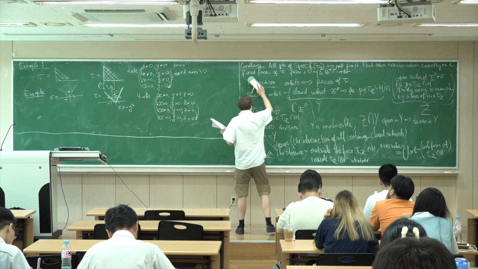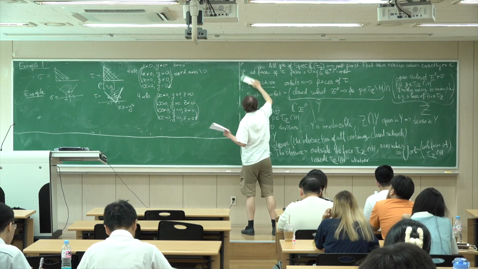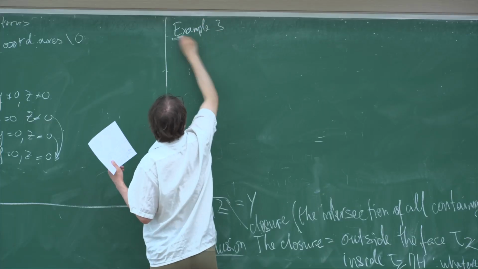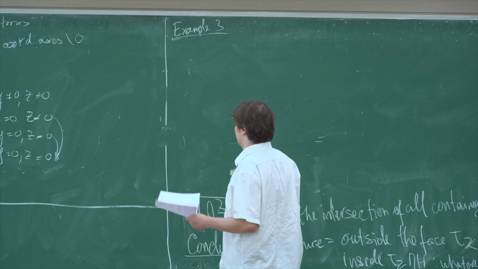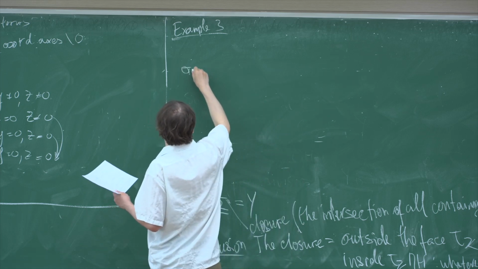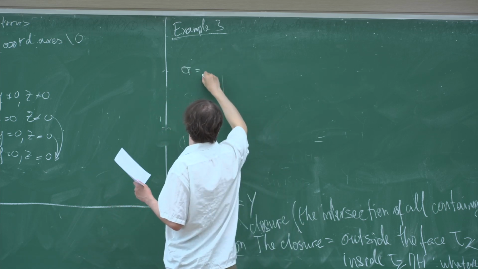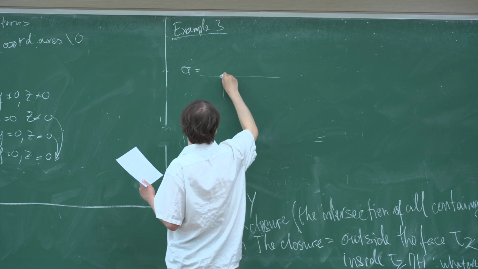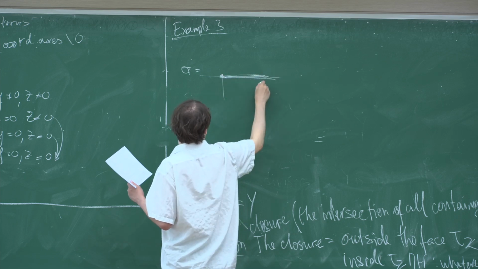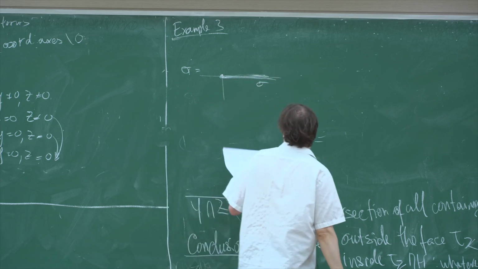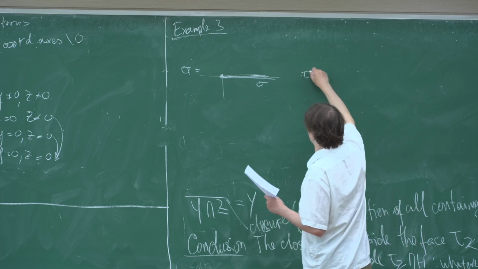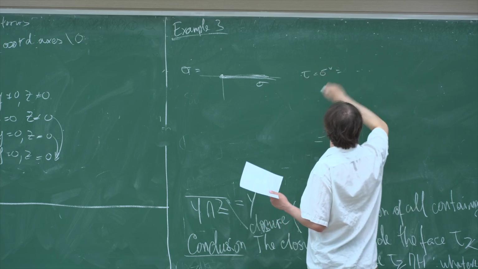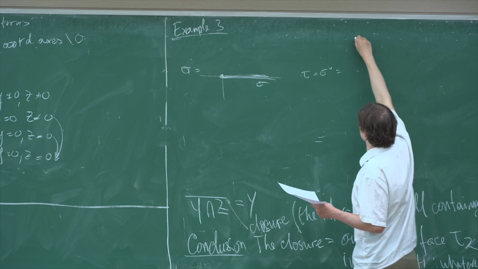And one more example. Let us say we have a ray inside a 2-dimensional space. This is our sigma. Then tau equals sigma check equals this half space.